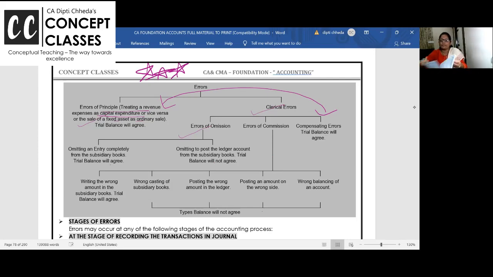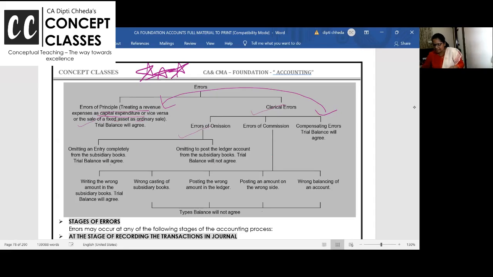One second. Okay. Types of errors are clear. Now important is why this problem is happening.